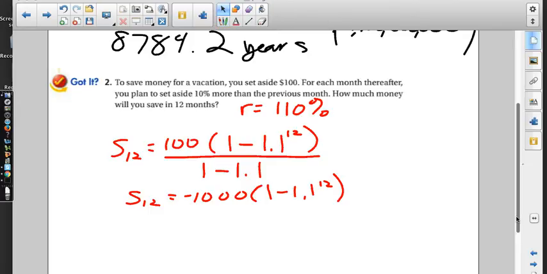After 12 months. Dollars and cents if you need to know. To the 12th power.